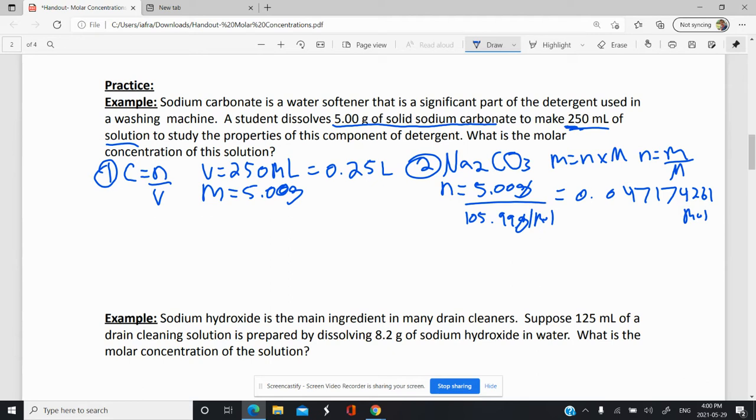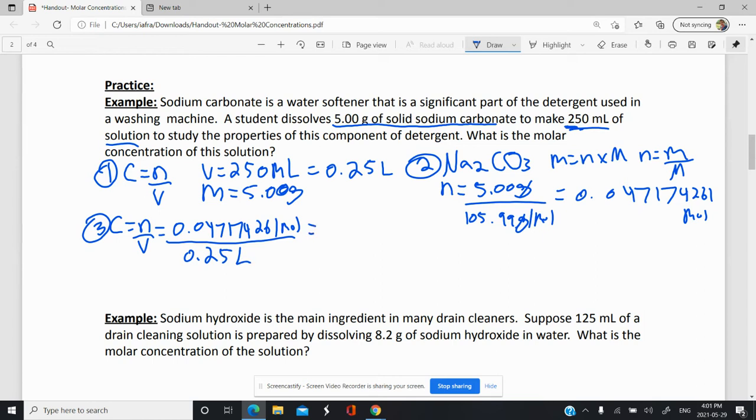moles. And so now that we have our moles of Na2CO3, we can do our last step, which is going to be C is equal to n over V, which is 0.047174261 moles over the volume, which is 0.250 liters.